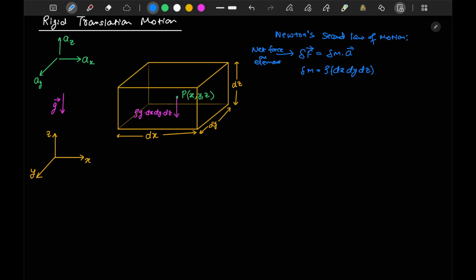Since this element is inside the liquid, there must be some pressure forces acting on the surfaces.